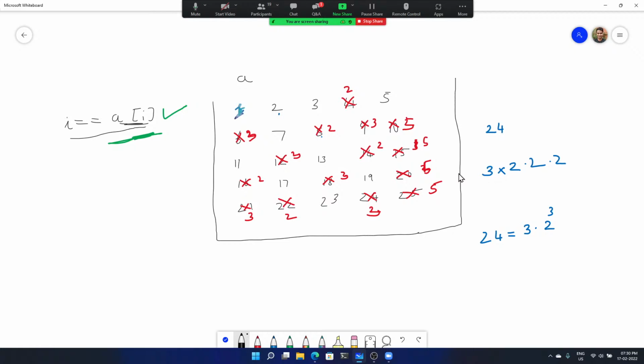Can someone think, imagine that you are provided with this table, what is the worst time complexity, or worst number of operations, that you take to do the prime factorization of a number? How many times will you have to divide to prime factorize a number? You can give your answers in the chat. Then I'll give you the analysis of the time complexity.